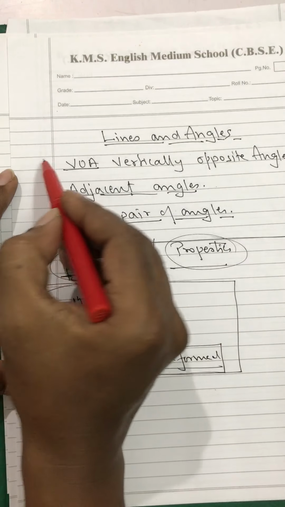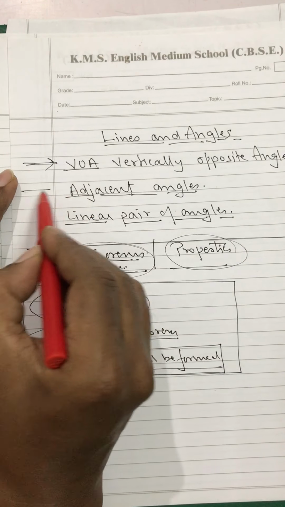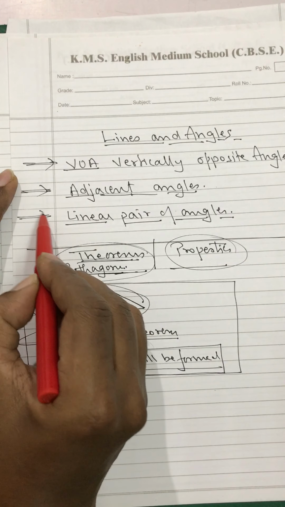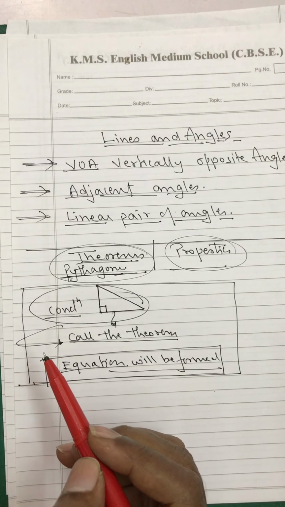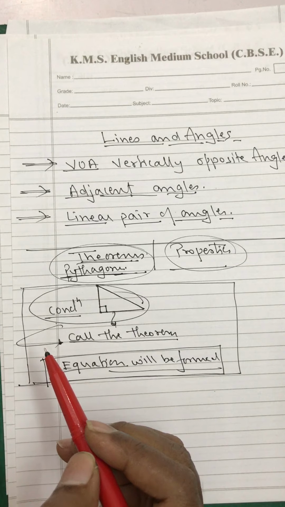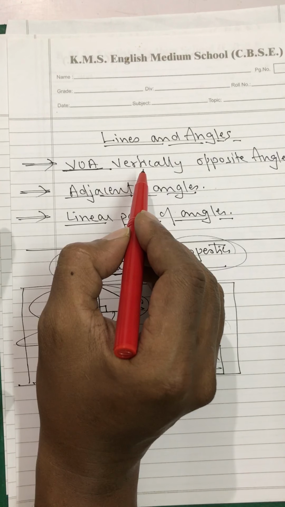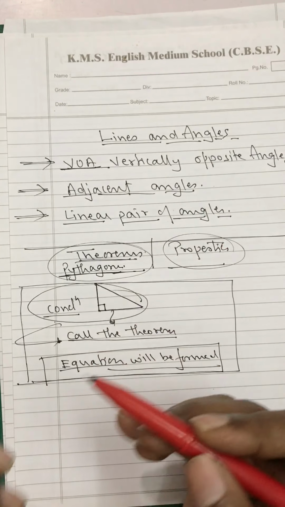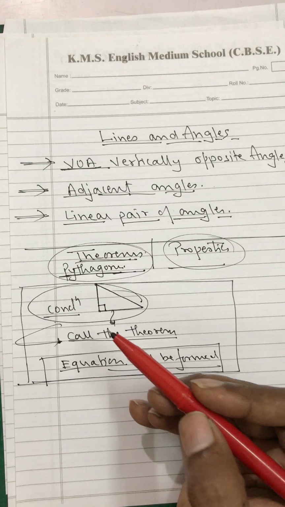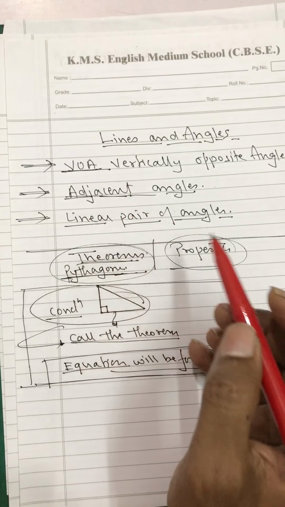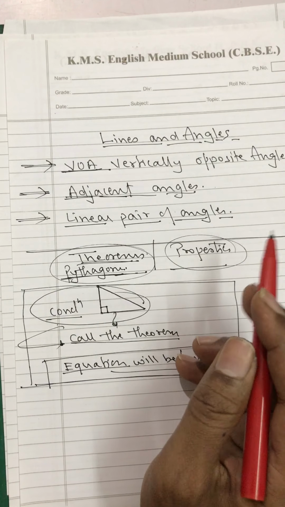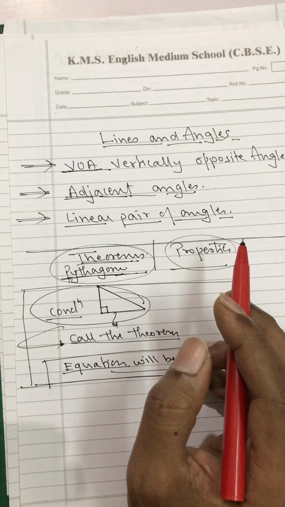Similarly, when you are going to use these properties or concepts, they will definitely require a condition to be satisfied. Once the condition is satisfied and you use the vertically opposite angle theorem, an equation will be generated. Similarly, adjacent angles will also require some condition to be satisfied.